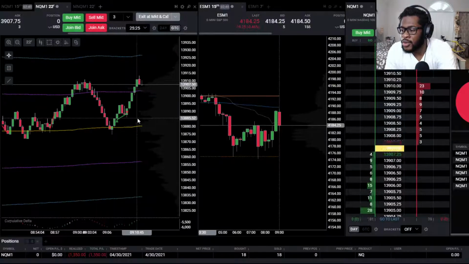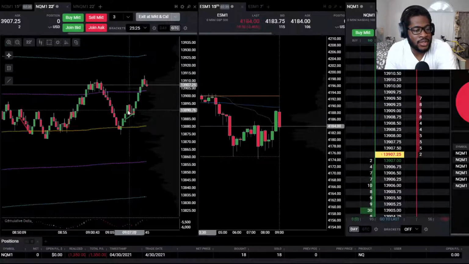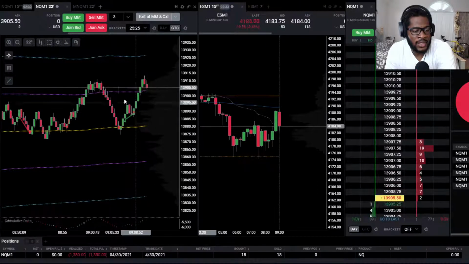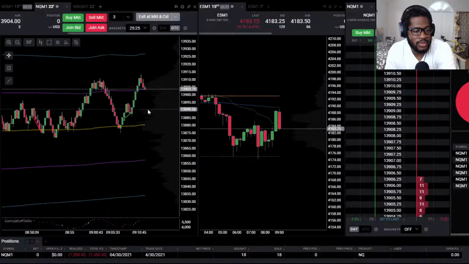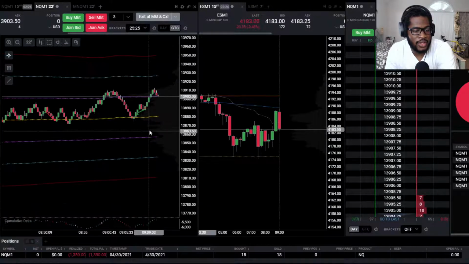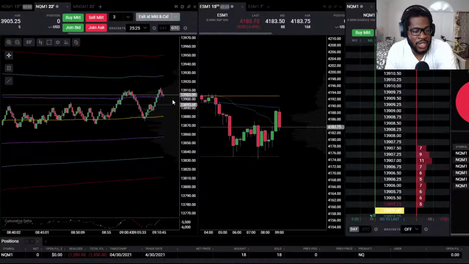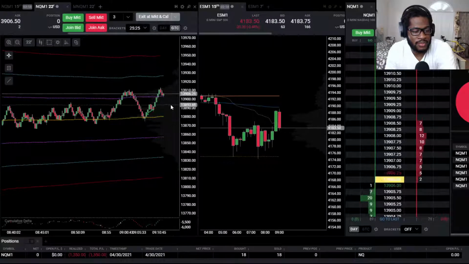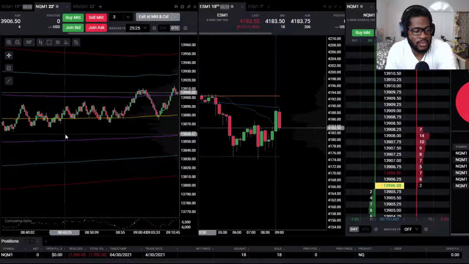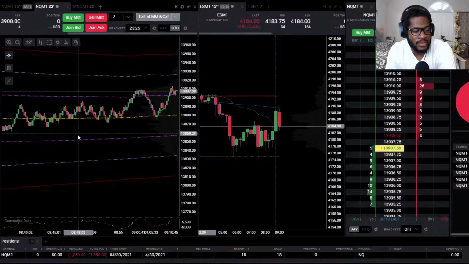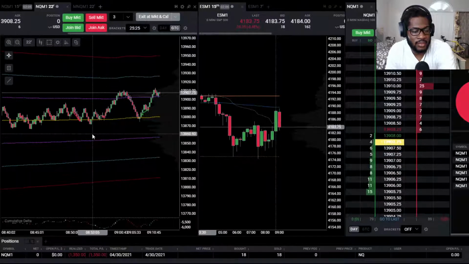So example for whoever was mentioning, why don't I trade one contract? If I was trading one contract, that's something I would do, would be to add somewhere in this area and set my stop. Zoom out here. Somewhere in this area between the +1 and VWAP, and then set my stop underneath the lowest point of the push. So maybe around 13,860.